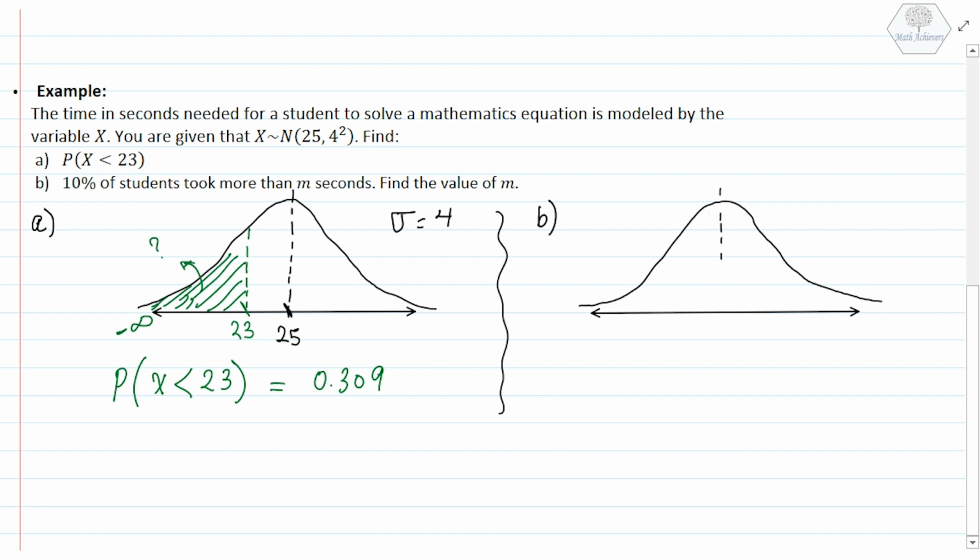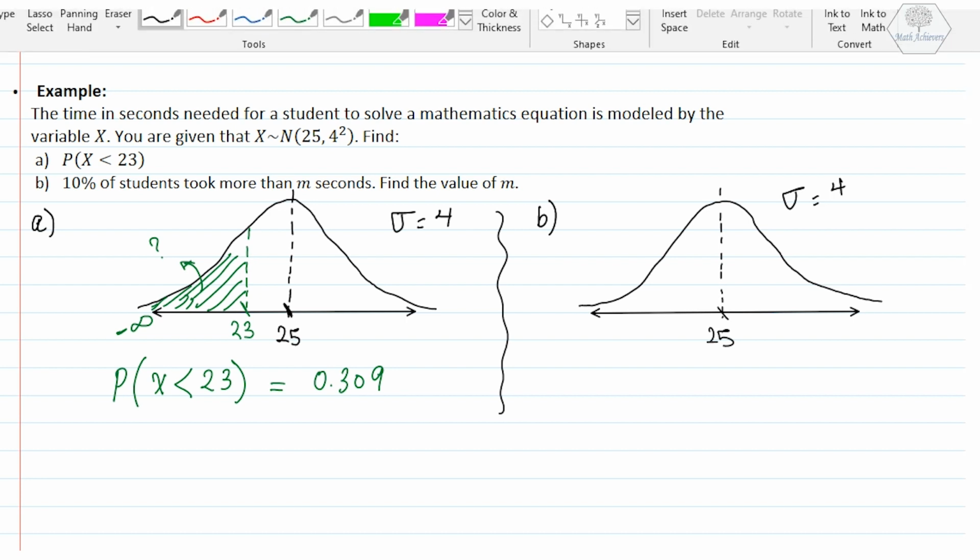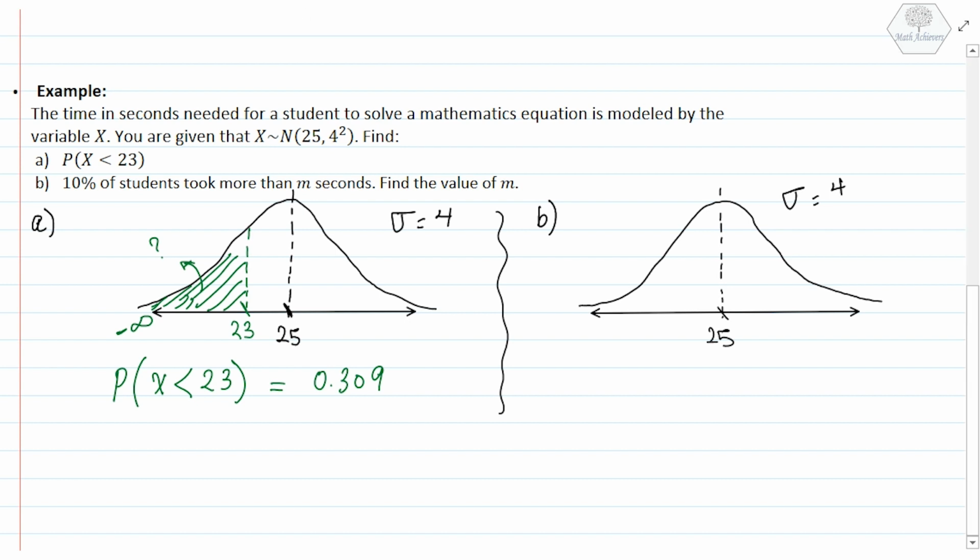I have the mean to be 25 and sigma equal to 4 seconds. Since 10% took more than m seconds, I have the value of m in here, and the area under the curve equals 10%, which is 10 over 100, 0.1.